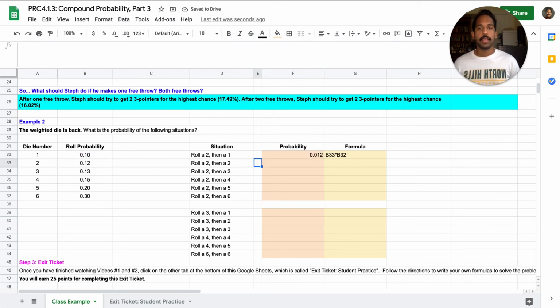0.012. Now here's the thing. I see that all of these start with a 2. They all want to roll a 2, and they go 1, 2, 3, 4, 5, 6.